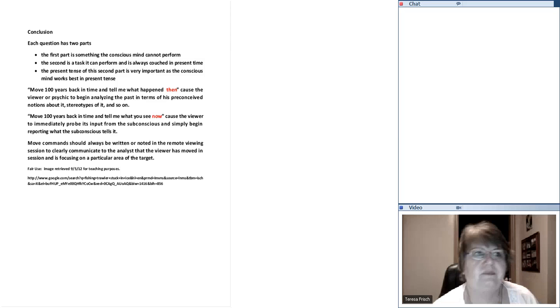Well, I just wanted to point out that in the protocol of CRV, there is absolutely no difference in protocol between moving back 10 feet and moving back 10 years. So it doesn't matter whether it's space or time. The protocol is exactly the same, and that is the well-formed question to the psychic.